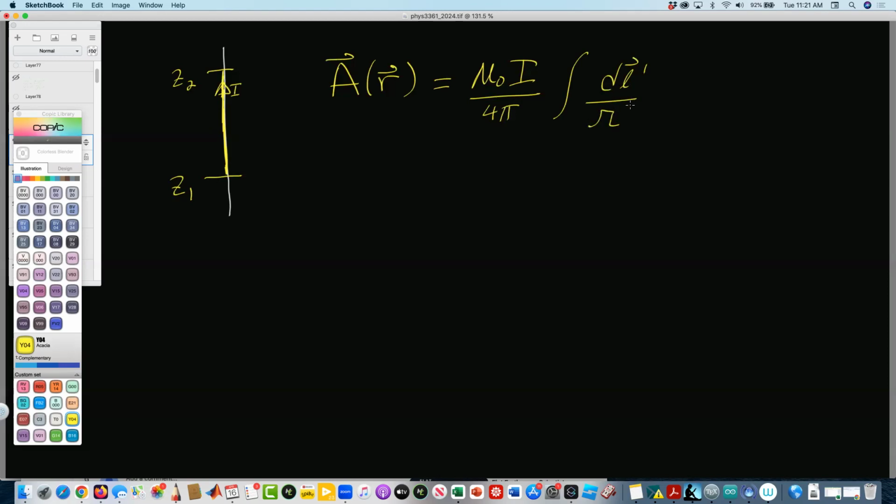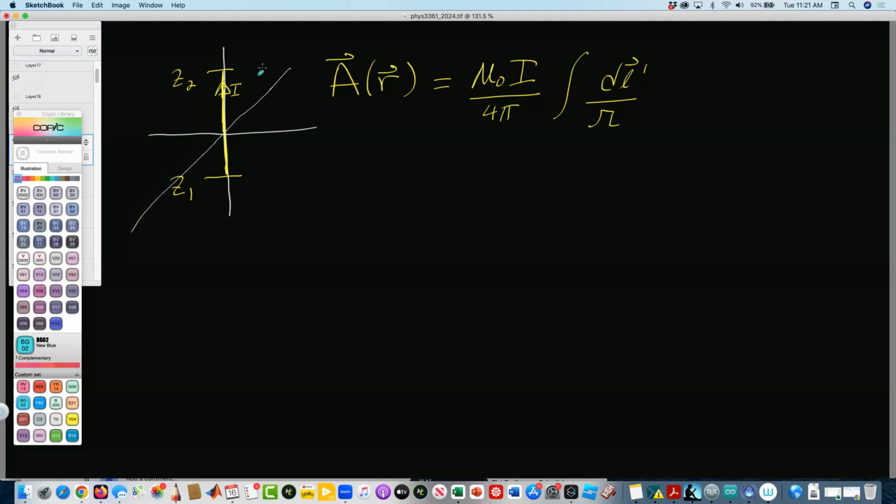Okay, so we can set up our coordinate system. We already have z down, and I'll add a y and an x. Let's pick a field point, just some random point, out here.